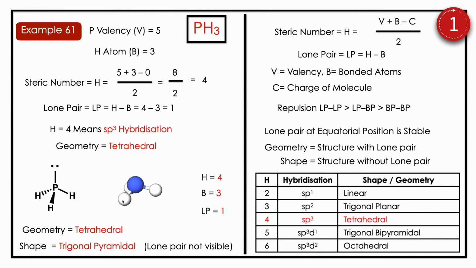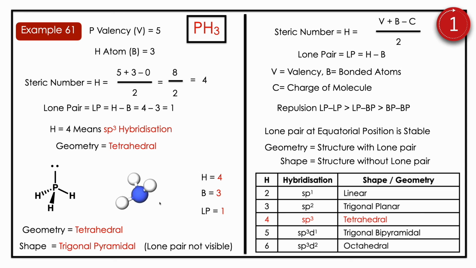Then phosphine, PH3. Phosphorus is the central metal atom, valency is 5. Bonded atoms are hydrogen, which gives 3. So steric number will be H equals (5 plus 3 minus 0) divided by 2, which gives 8 by 2 equals 4. The lone pair will be H minus B, which gives 4 minus 3 equals 1.